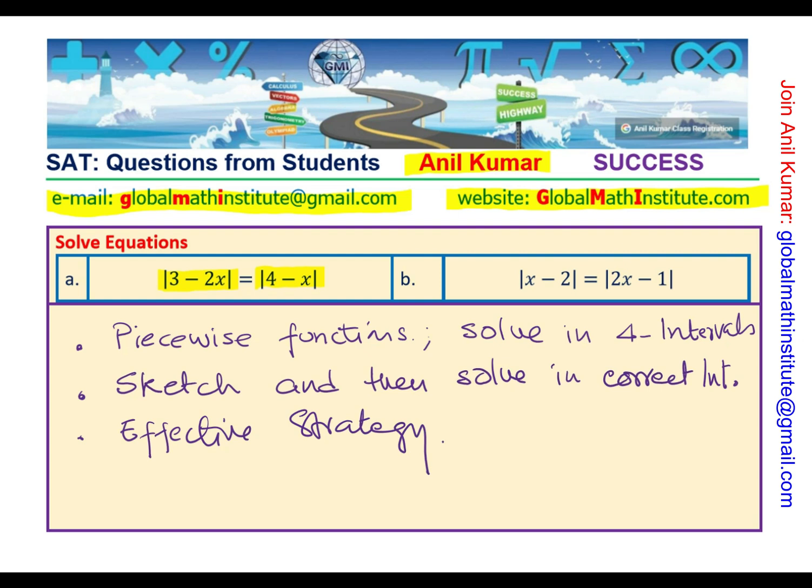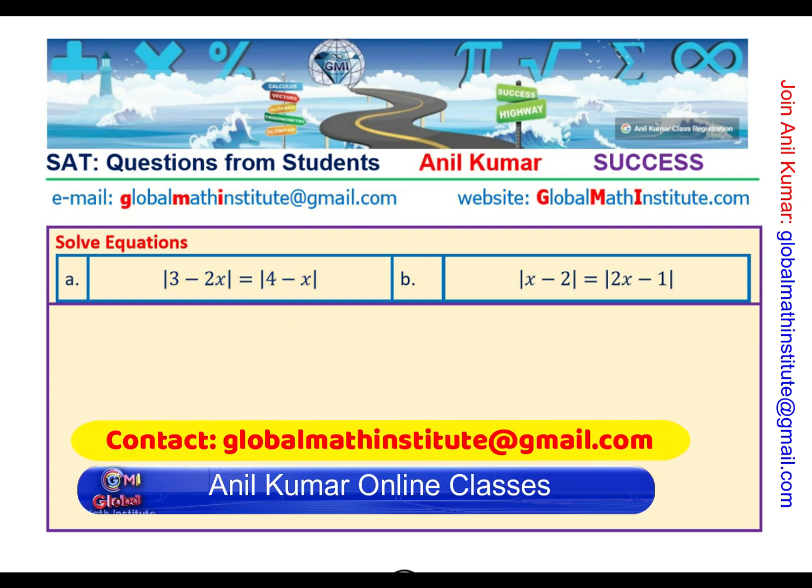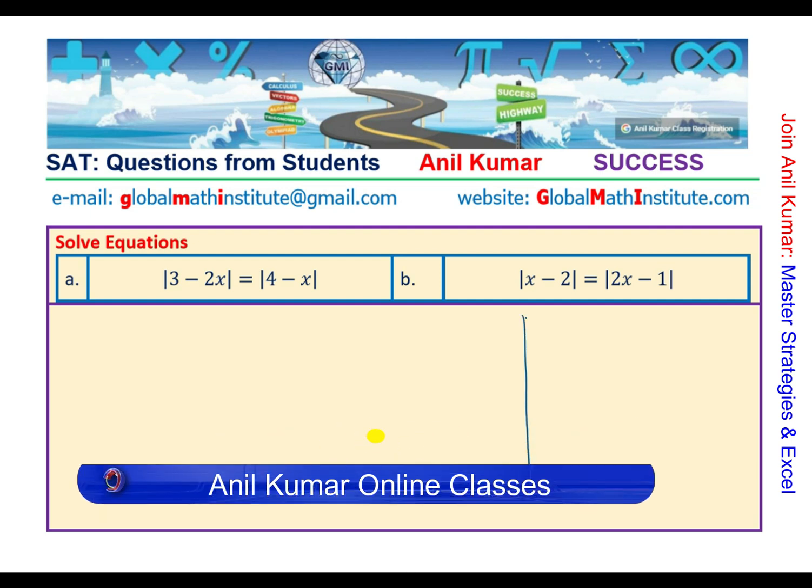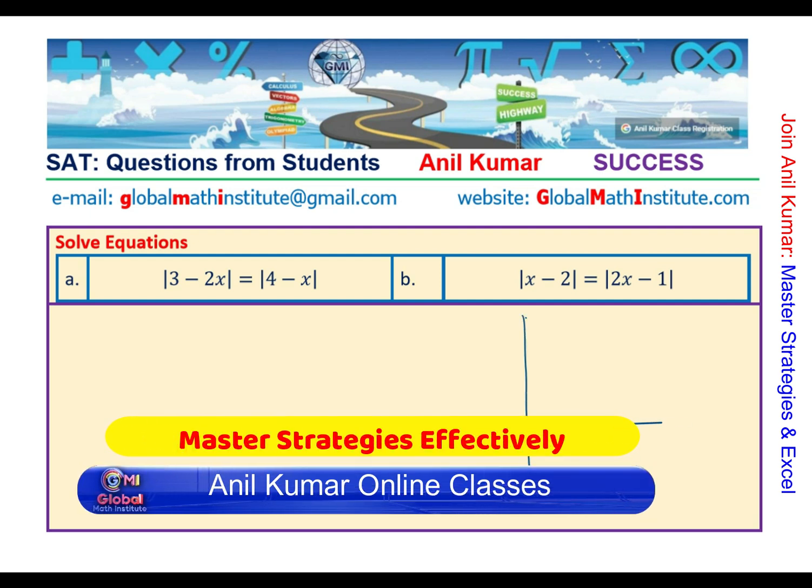So before we get to this third, which is effective strategy, let's discuss what are these four intervals and how we can actually cut down on the intervals for our solution. So, let's look into the intervals with a rough sketch here. I'm going to sketch here the absolute value functions given to us.